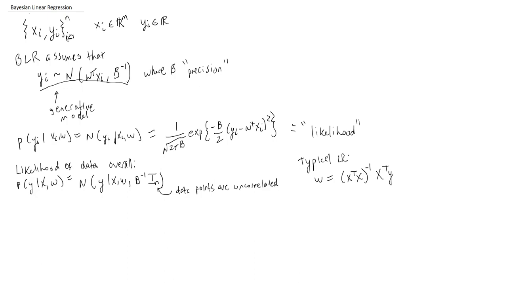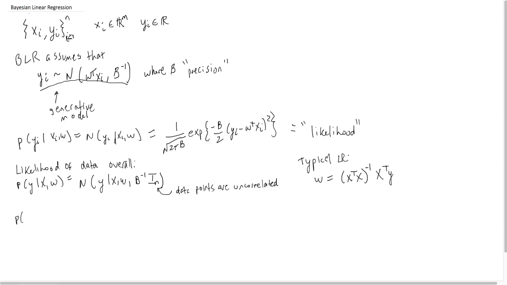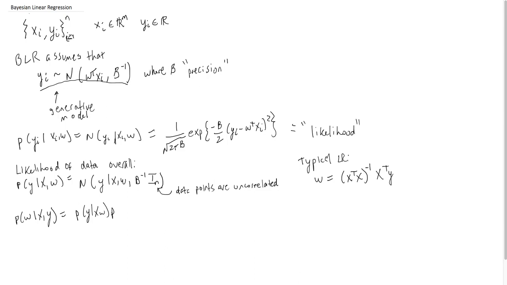But in Bayesian linear regression, we can use Bayes' rule to obtain a distribution over w after having seen the data. We get this by multiplying the likelihood by our prior beliefs about w. This is fittingly called a prior. It's what we think w is before seeing the data.